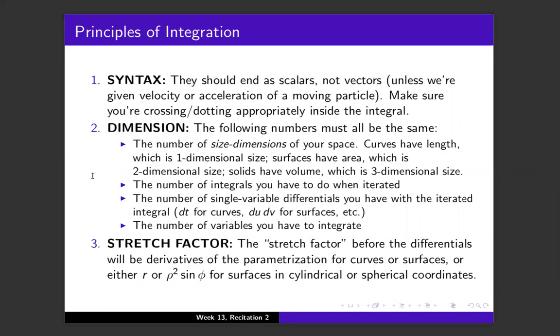For curves, that's approximated by the magnitude of the velocity, magnitude r prime. For surfaces, that's usually the absolute value of the cross product r_u cross r_v, which tells you approximately the area of a very small parallelogram patch on your surface.